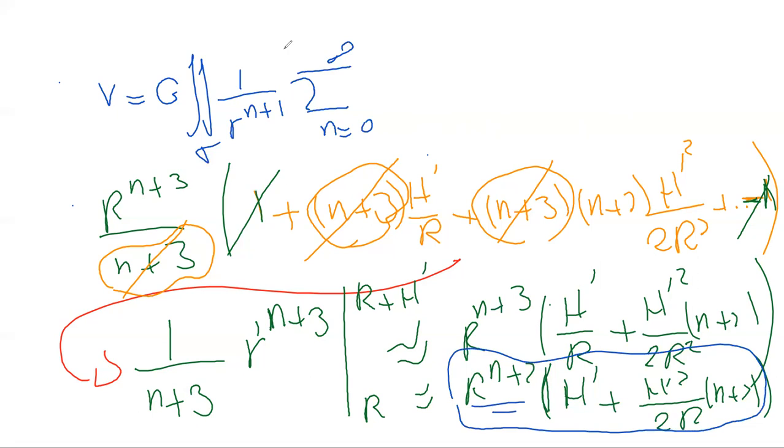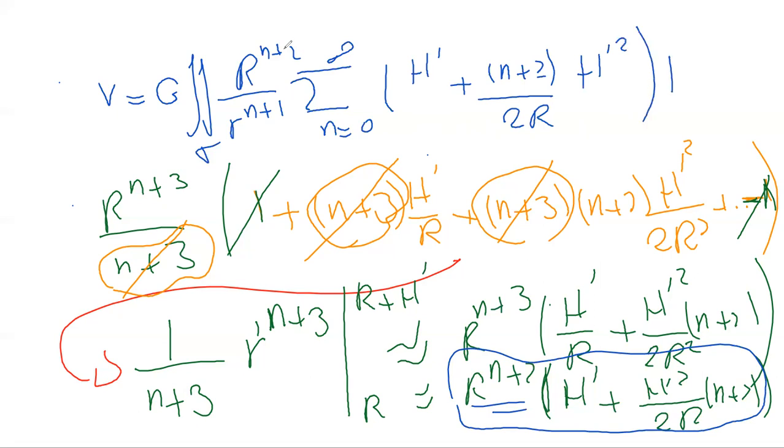This R and R squared can come here, and here we will have h prime plus (n+2) over 2R h prime squared P_n cosine psi.